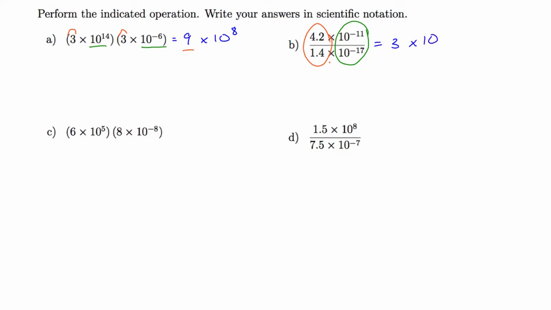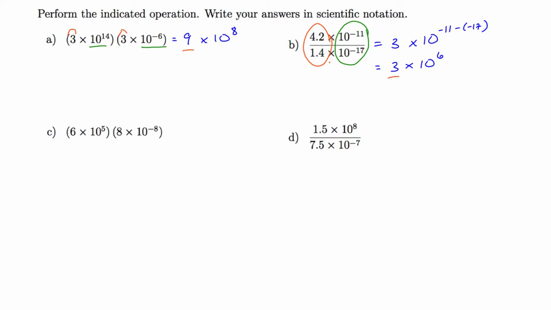We need to subtract the bottom exponent from the numerator's exponent. So that gives us negative 11 minus negative 17. When we simplify that, we end up with 3 times 10 to the positive 6. Again, we want to verify that 3 actually is a number between 1 and 10, and so we're comfortable with the answer still being in scientific notation.